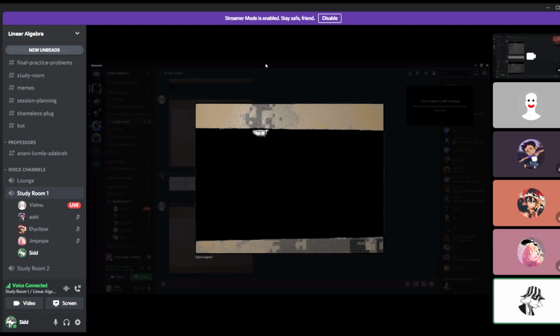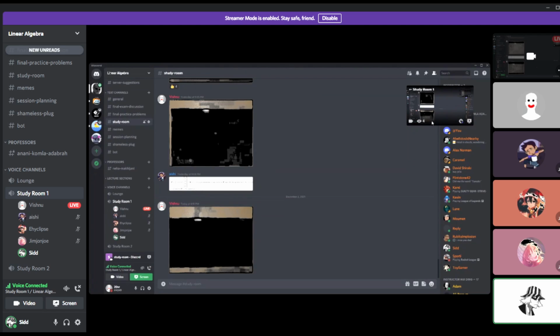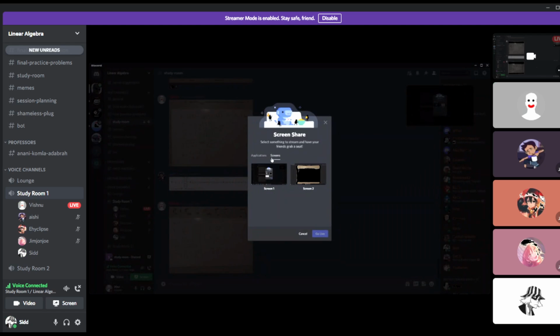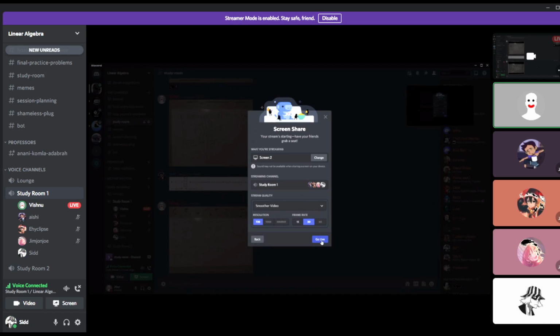It works with the other program I was using, but not OBS. I don't know why. So was it working at all today? Ever since you pulled this up it stopped working. Okay. Like earlier when you were showing your screen with the notes?